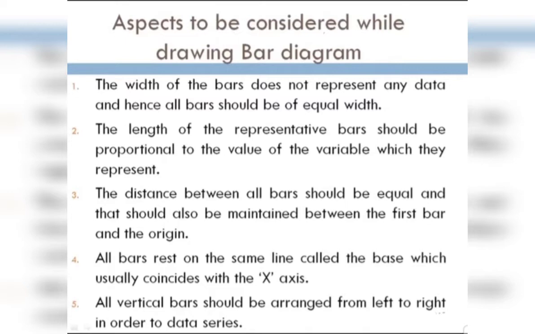So whenever we are drawing the bar diagram, you need to consider these 5 points, and keep them in mind, and then you will be able to draw the bar diagram very effectively. Keep in mind that it should be with the use of a scale, then only it can be proper. Otherwise, if handmade, marks cannot be given to you. So these are the points you will keep in mind whenever you are drawing these diagrams.